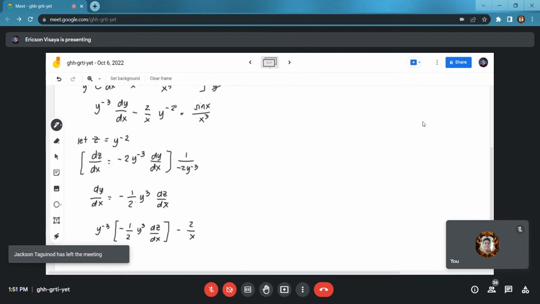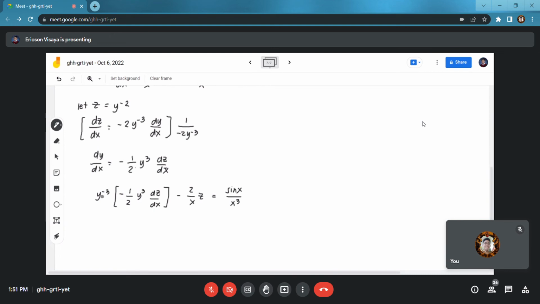Itong y raised to negative 2 natin. So, bali nilet na natin na z. So, bali z is equal to sine x all over x cubed natin. So, bali ito, cancel y negative 3, y negative 3. So, bali matitira is negative 1/2 dz over dx minus 2 over x z.